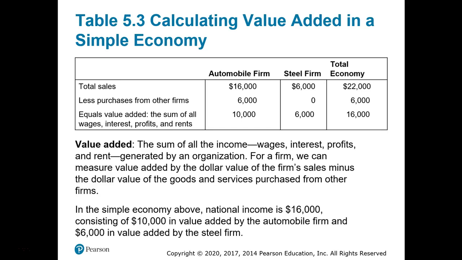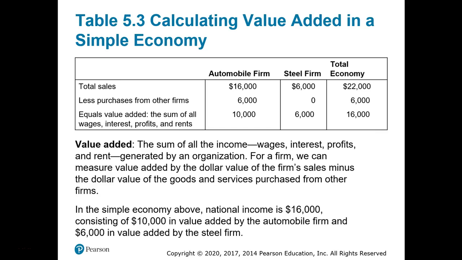That's the income. If we were to do a budget, you'd say, this is how much money came in, and this is how much we need to buy. We take that off, and then we have what's called profit, the difference. So basically value added is our profit. What did it give back? What do we have left over that we can spend? Simply put, national income, as far as the automobile, steel, and the chart we have here, the 16,000 consisted of 10,000 in value added by the automobile firm and 6,000 in value added by the steel.